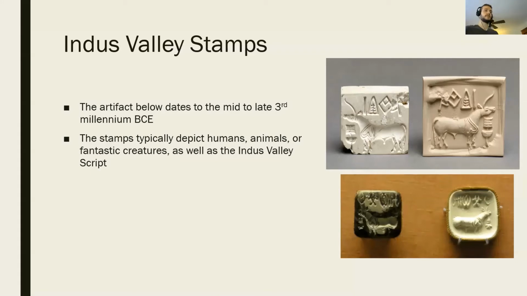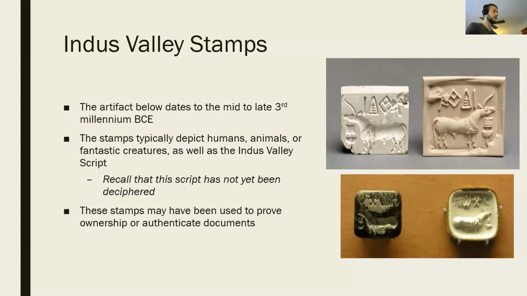And we see that these stamps usually have depictions of humans, animals, or fantastic creatures, and the symbols of the Indus Valley script, which as we mentioned, is something that has not been deciphered or may not be decipherable. And what this stamp might have been used for is to be a kind of signature, a way for an owner to mark an object to know that object belongs to them.